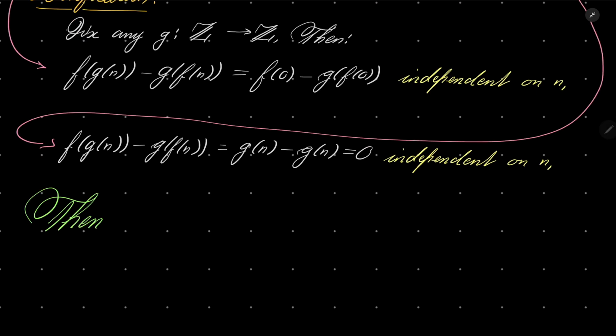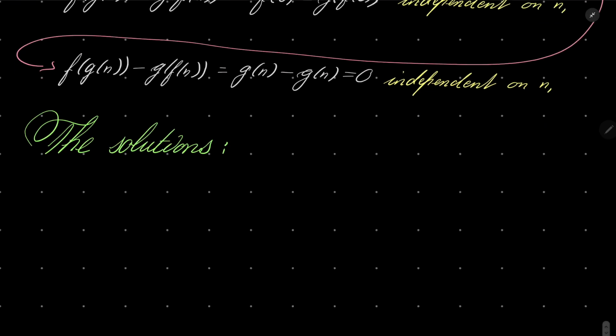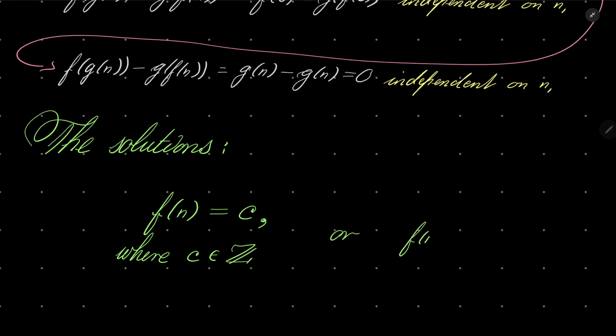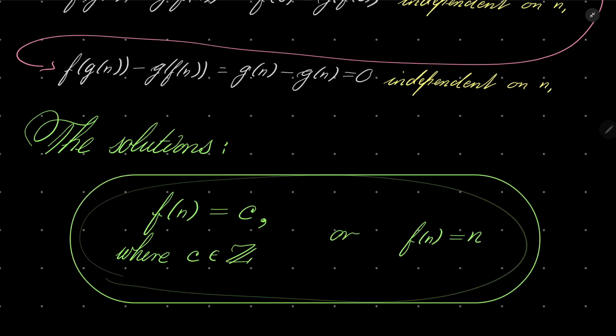So these solutions: either our function is constant, where c is really any integer whatsoever, or our function is the identity function, f of n equals n. And that closes our problem.